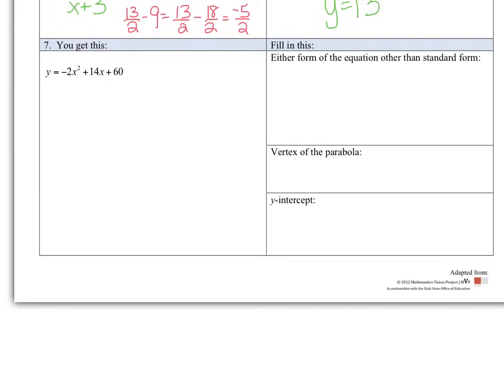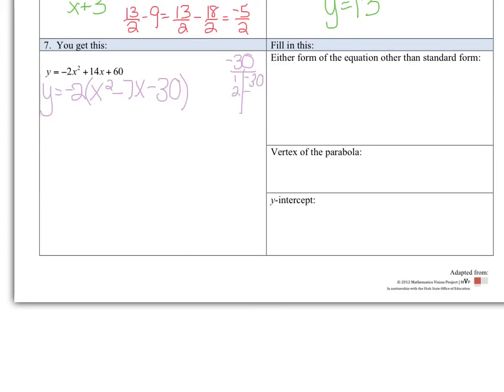One thing that I notice is that I can take out a negative 2. So y equals negative 2 times x squared minus 7x minus 30. I'm going to look to see if I can factor this one first. So what multiplies to negative 30 but adds to negative 7? Well, I know I have 1 and negative 30.